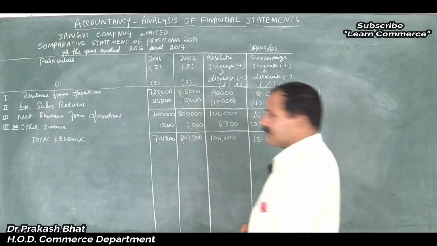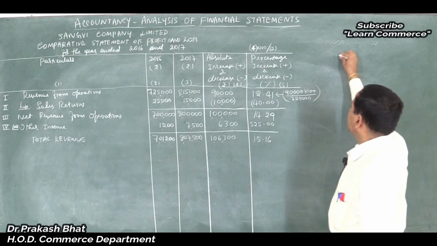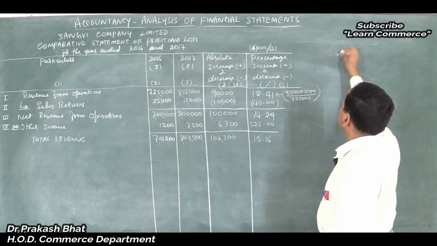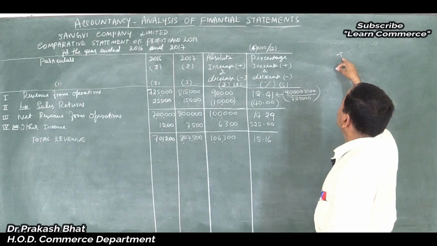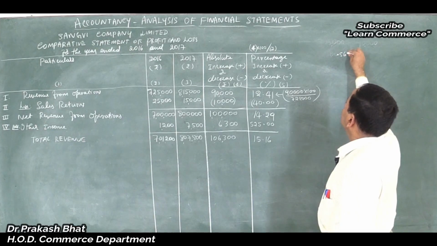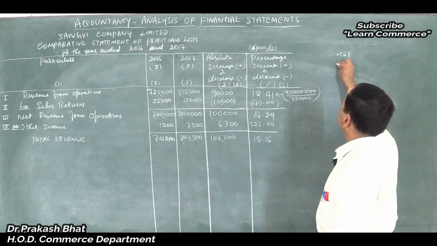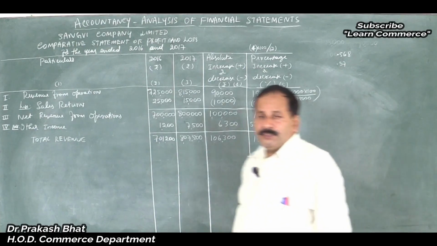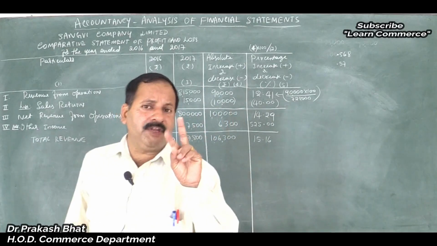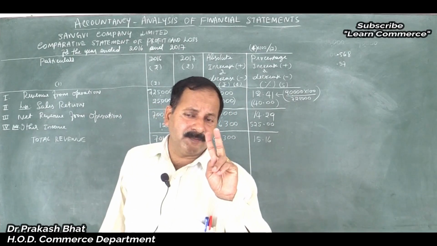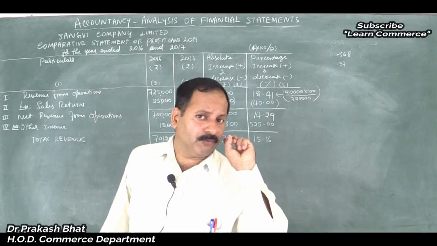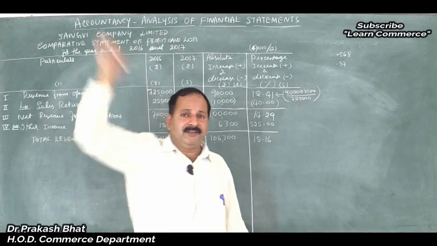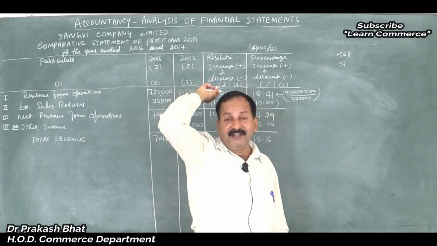Remember, friends, whenever you get 0.5 or more, 0.5, 0.6, then suppose 0.568, round it as 0.57. You need to show only 2 decimal points. After the decimal point, only 2 digits you are supposed to show. Don't show 6 or 7 digits. There are students who write 6 or 7 digits, but it irritates our evaluator.